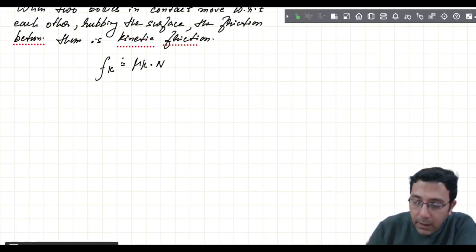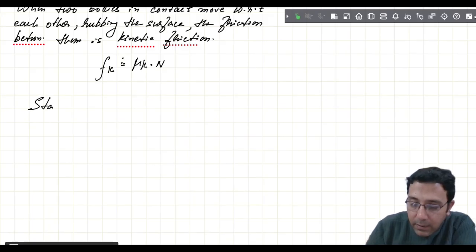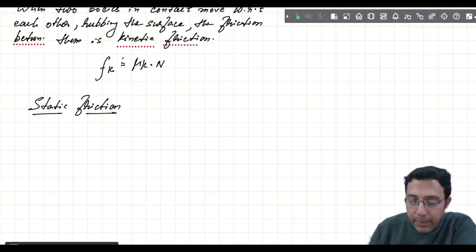Okay. Now static friction. In static friction, the bodies are not moving, not rubbing.